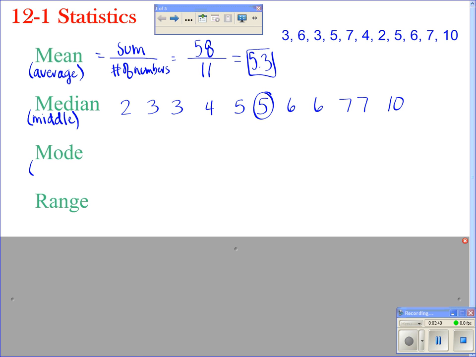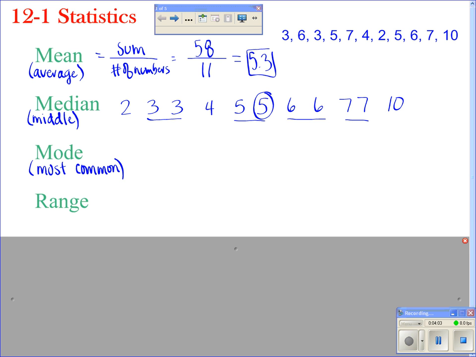Mode, what's the word you should think of? Most common. Mode and most kind of sound the same. Now in this case, we actually have 4 modes because there's 4 numbers that show up twice. If you have a list of numbers that don't have any repeats, you don't have a mode at all.